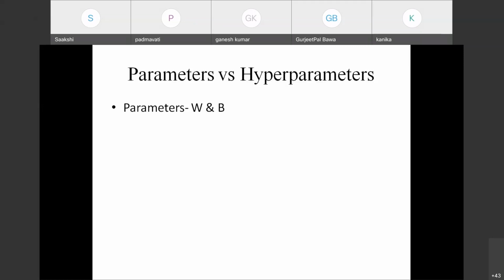That means I want to find all the hidden representations of the given data, such that the predicted values of my model are the same as my actual values. So this is the learning process.